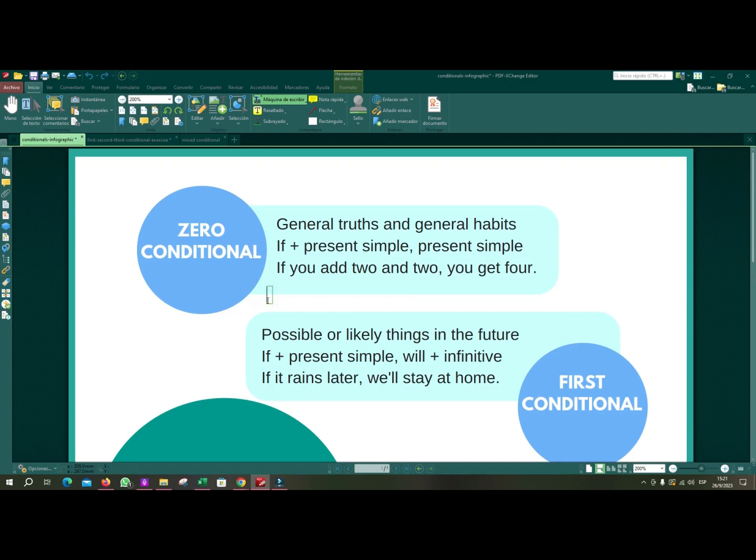Also, you can say, if you heat water to 100 degrees, it boils. Don't forget the comma there because you start with the if clause. So there you have another example.